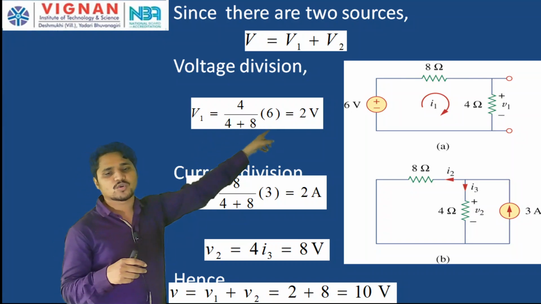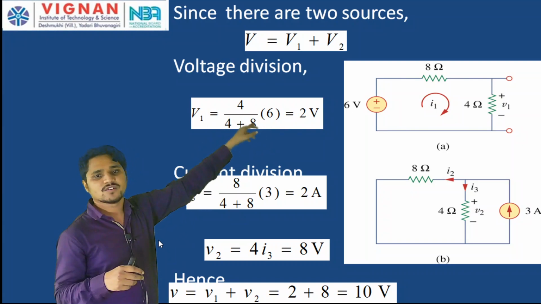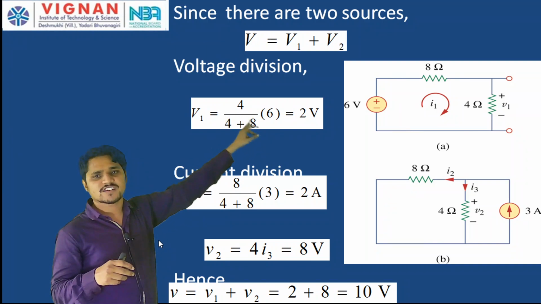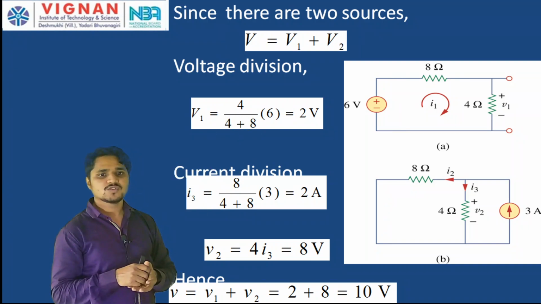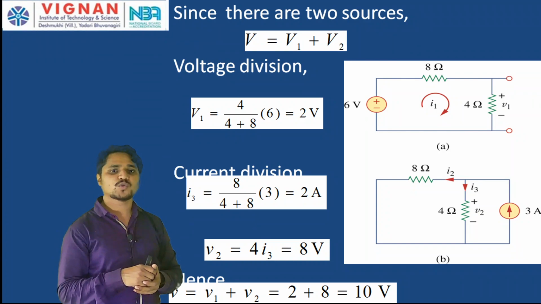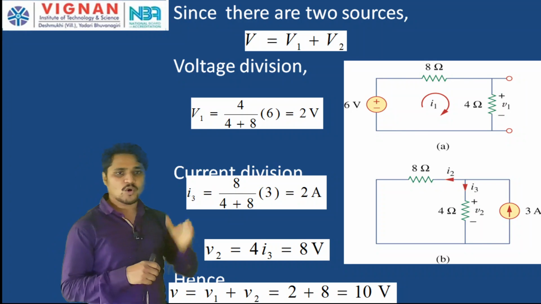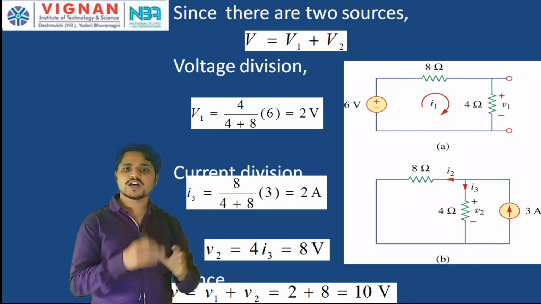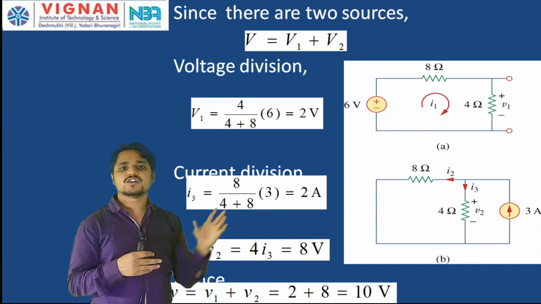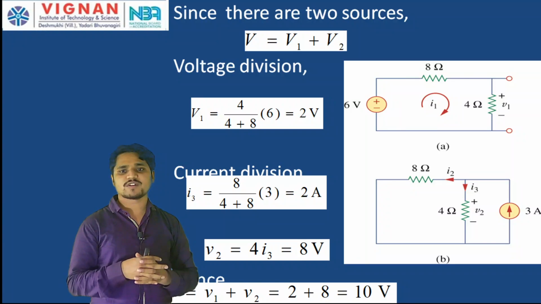That is 6 volts times 4 ohm by the total resistance 4 plus 8. So 4 by 12 is 1 by 3, times 6, therefore 2 volts. So the voltage across this 4 ohm resistor due to the 6 volt voltage source is 2 volts. This is V1.